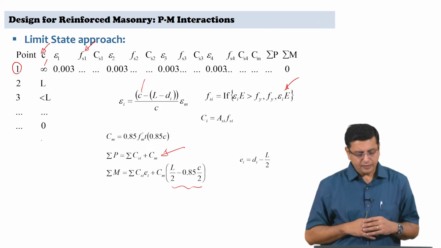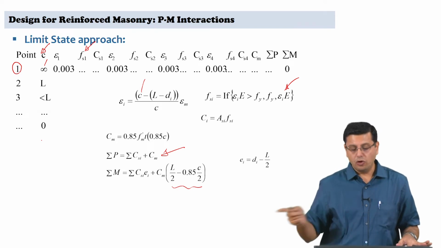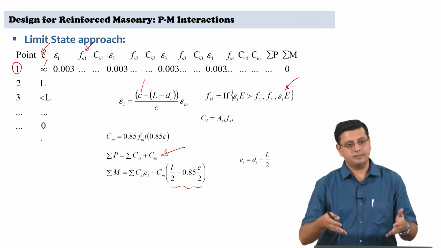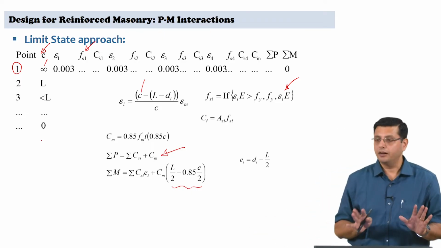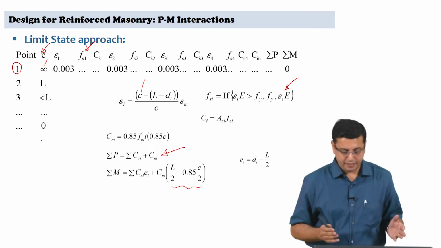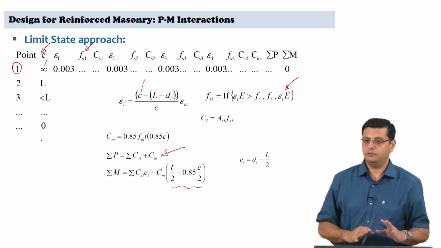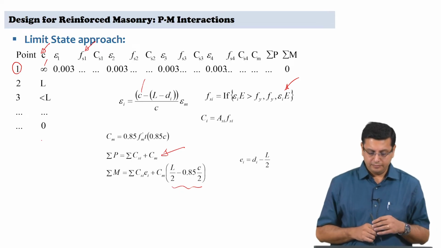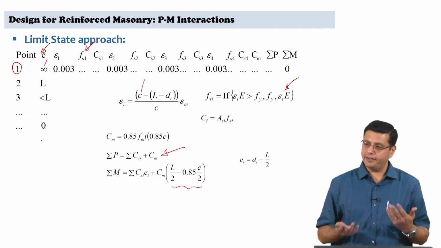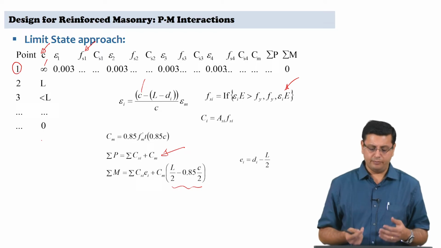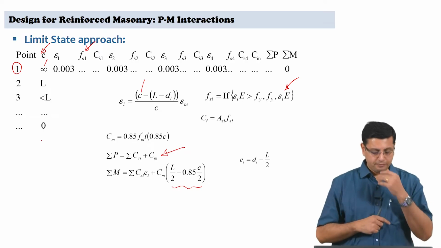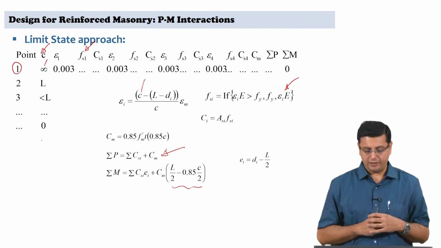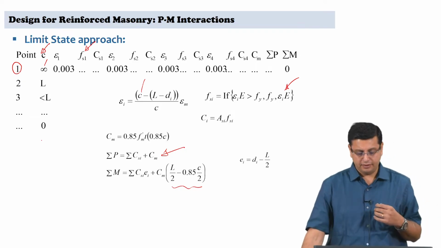And then with the last stage you will have no axial load capacity, only moment capacity, and you establish the PM curve for the limit state approach. So that is rather straightforward, and this is what you would be doing as far as comparing the PM interaction diagram from the limit state approach to the PM interaction diagram that you have seen yesterday.